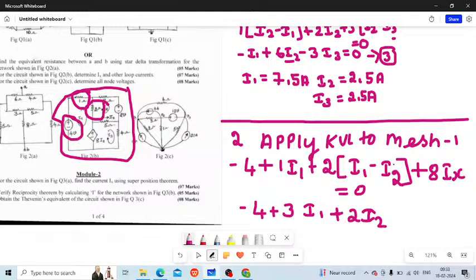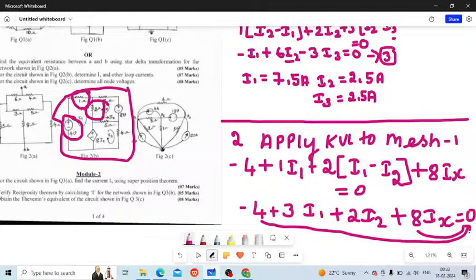Now, here it is plus 8ix which is equal to 0. So what is going to happen? I have to shift this 8ix to the other side and this 4 to the other side, to the right hand side, right?